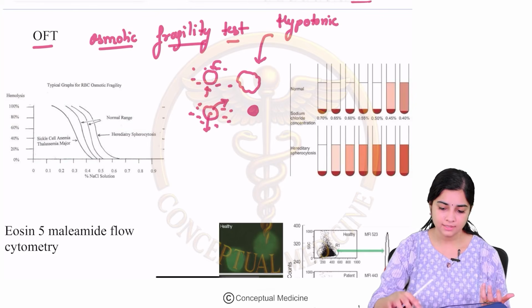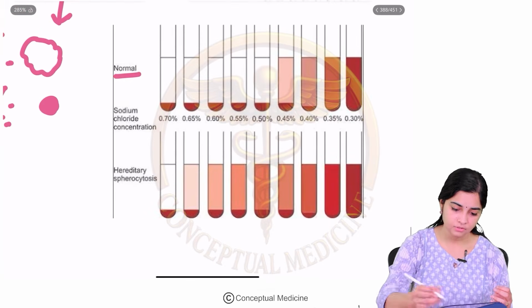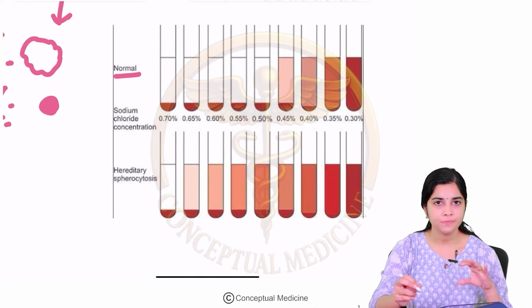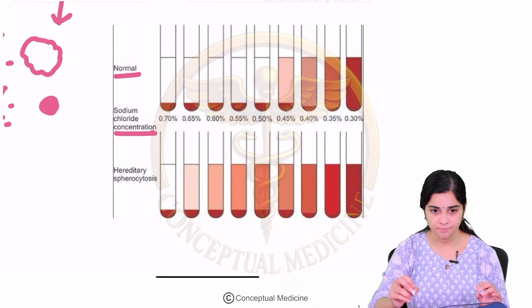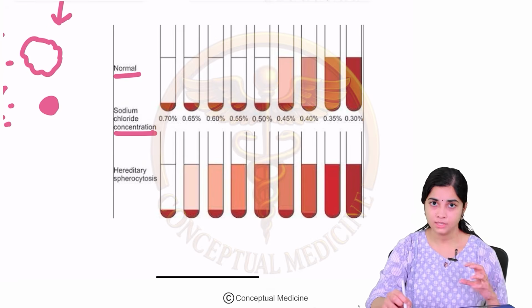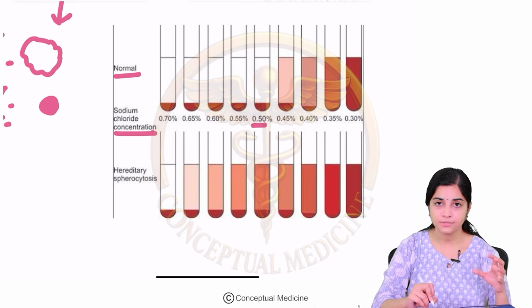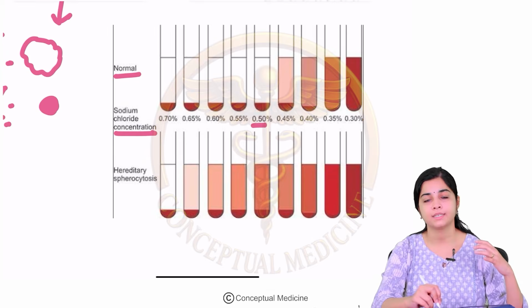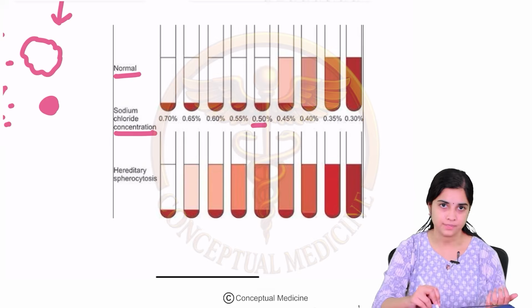So first let us understand how the tubes will appear. Let us first see a normal individual. This is how the tubes are, and they are arranged according to the sodium chloride concentration. In a normal individual at 0.5% concentration of normal saline, you can see that the supernatant is clear and the RBCs are settled down, which means that there is no hemolysis.